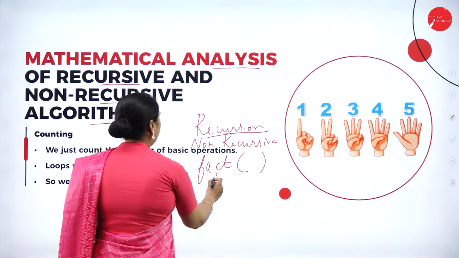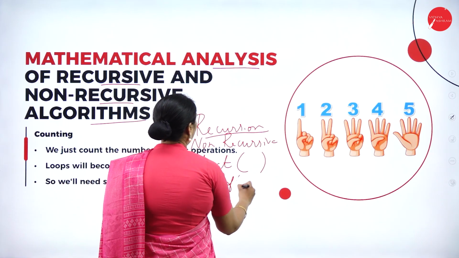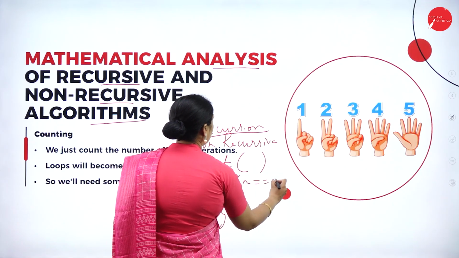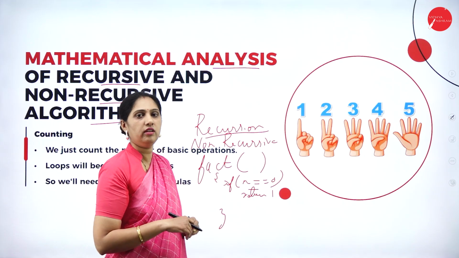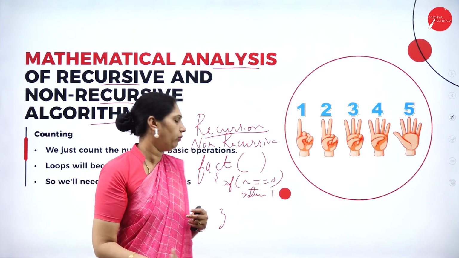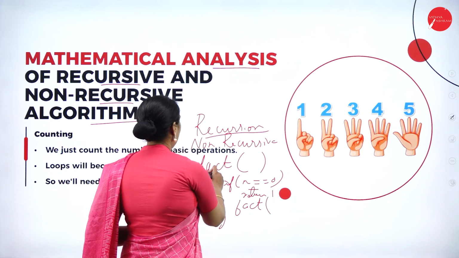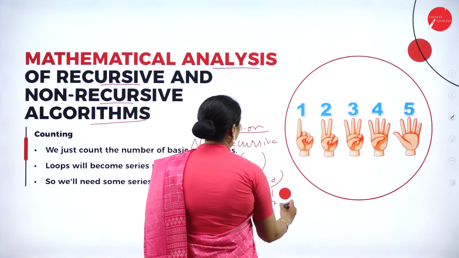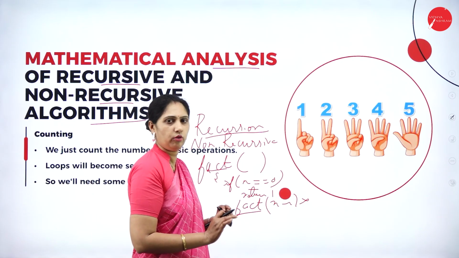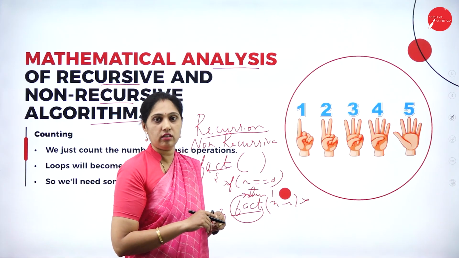If I take a factorial function, I'll write some code. If my n is equal to 0, return 1, meaning the factorial of 0 is 1. Else I call the same factorial function again with n minus 1, multiplied by n. So a function called by itself is called recursion.